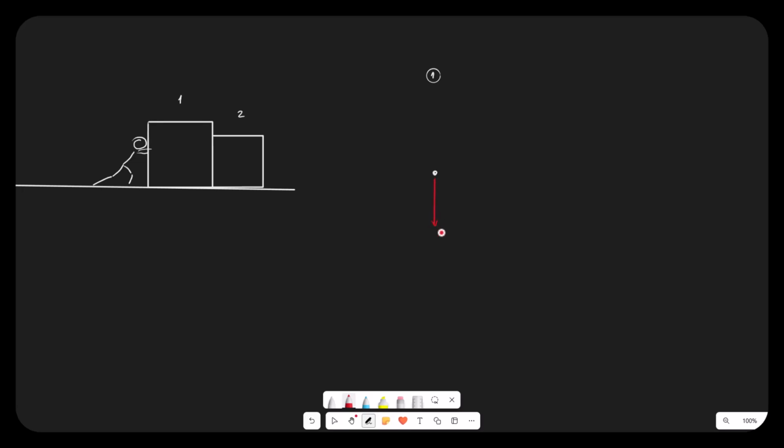I've got gravity. I pretty much always will have that. There is the floor, so I've got this upward force. I've got the person pushing. And I also have block 2 sitting against block 1.